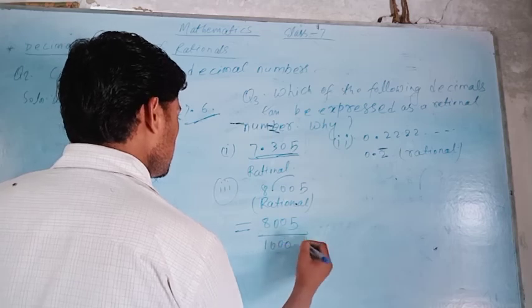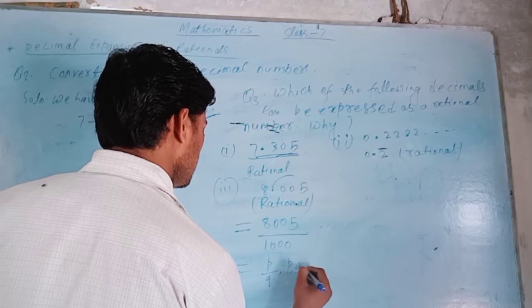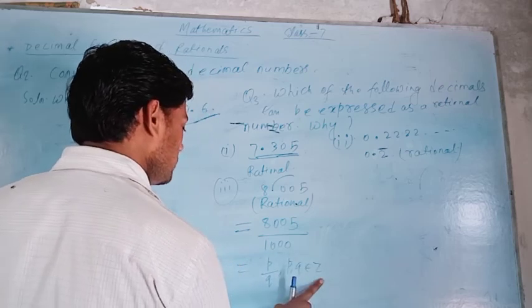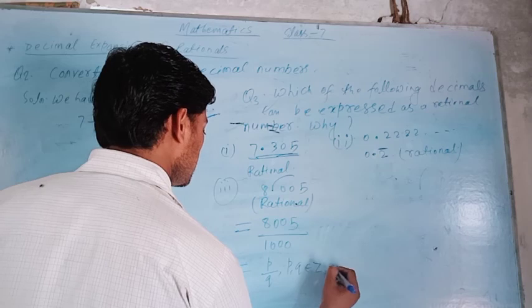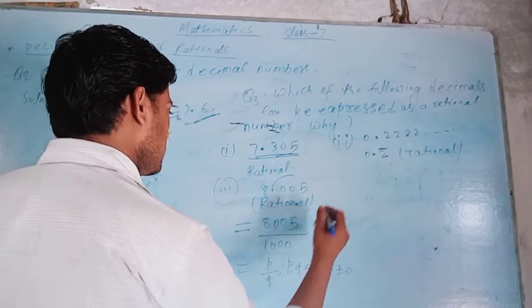So it is in the form of P upon Q, where P and Q belong to Z, Z means the set of integers, and Q is not equal to 0. So it can be expressed as a rational number.